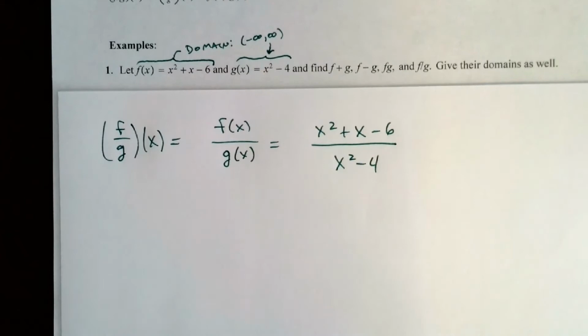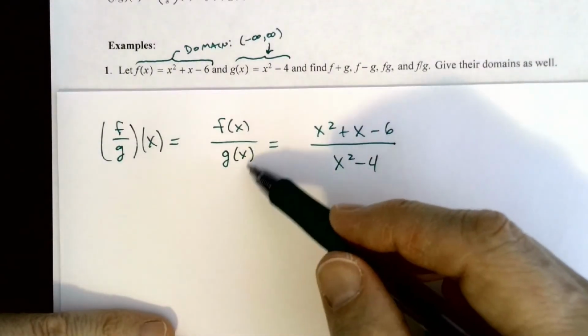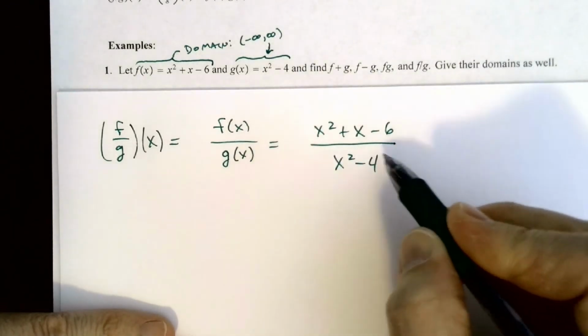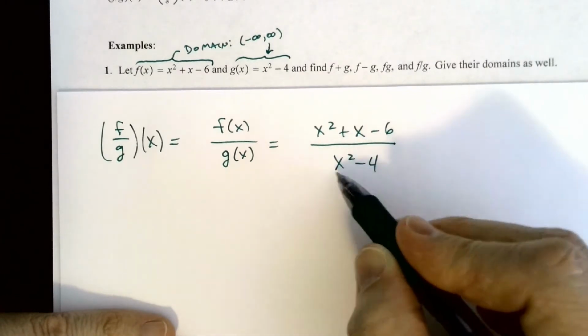Now, let's talk about this function for a minute. What about domain? What would its domain be? Well, the domain we said was common to both f and g, which each one had all real numbers as their domain, so we're saying all real numbers. However, we can clearly see some values of x, I hope, where this thing is not defined.